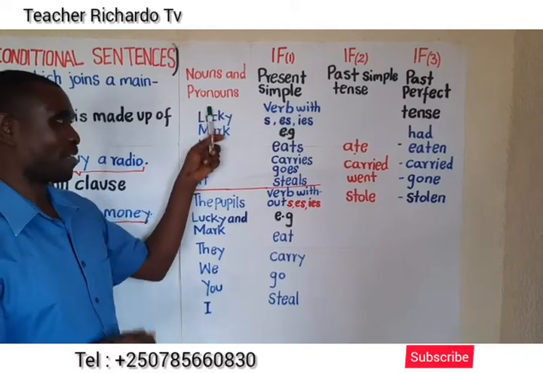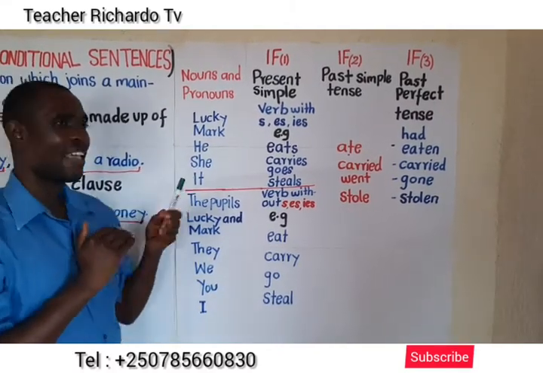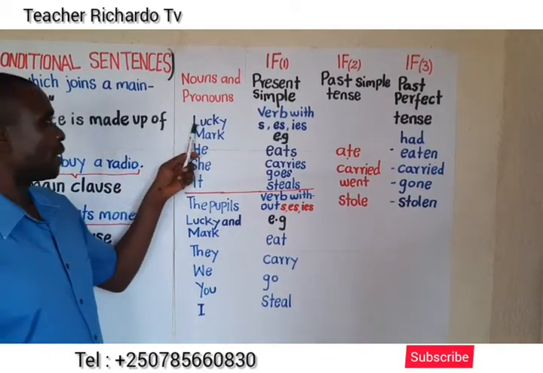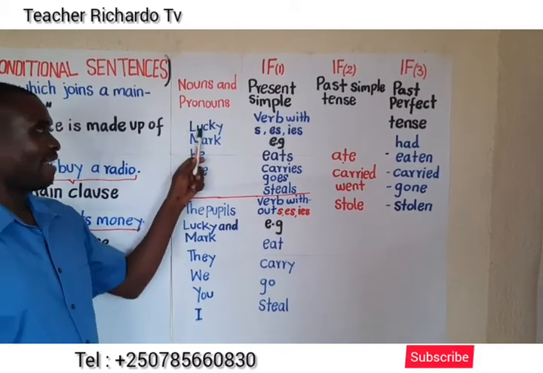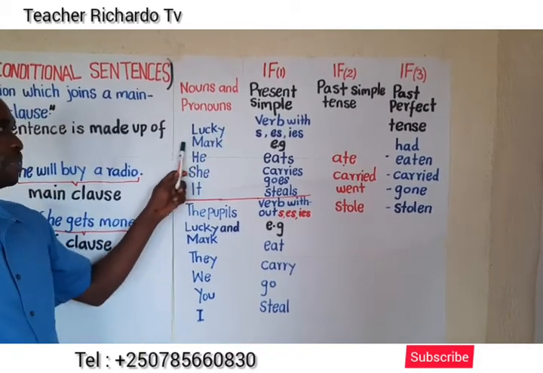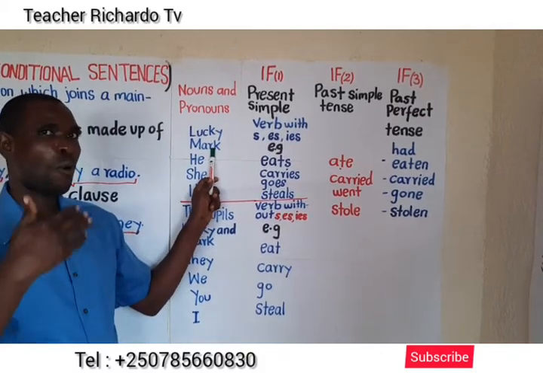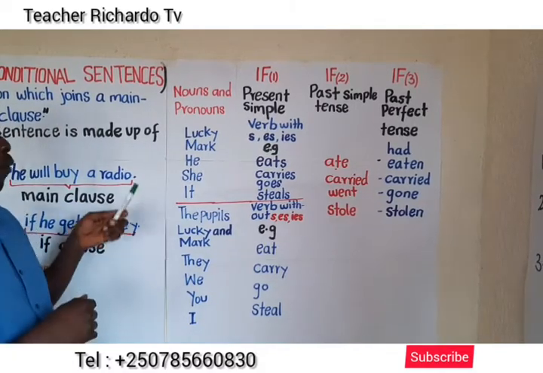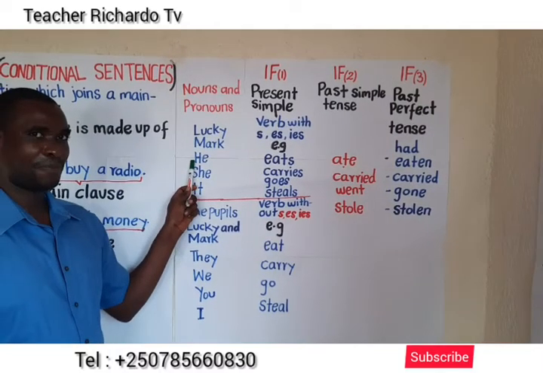Nouns and pronouns. Remember, nouns in singular and nouns in plural form. Pronouns and nouns in singular. Lucky is a noun. Mark is a noun, a name of a person. The pronoun which stands for Mark is he.